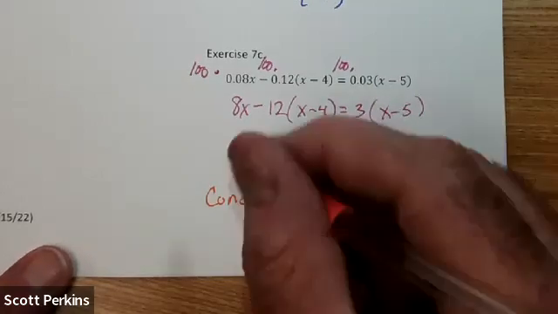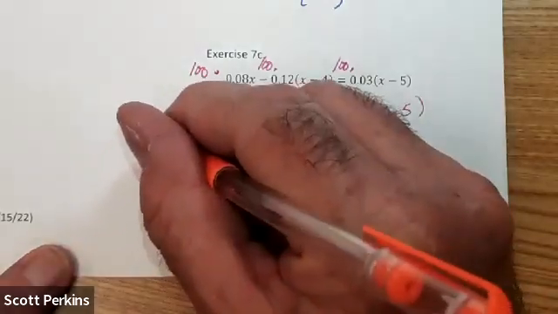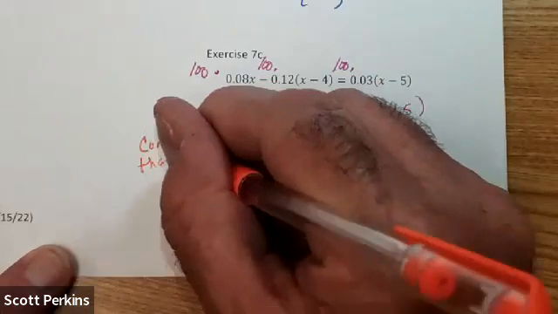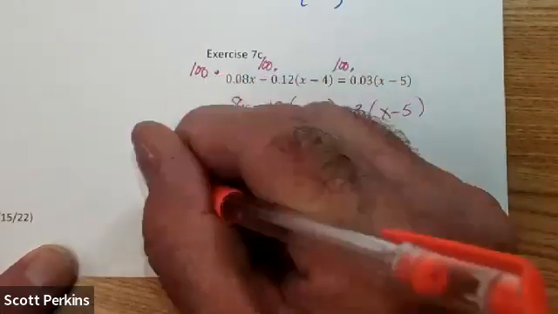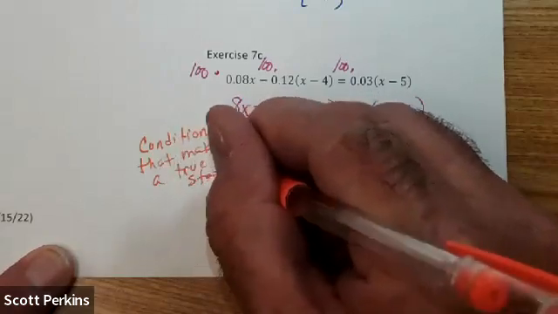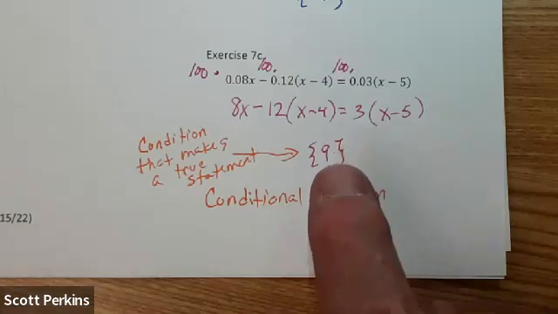The reason is that number, the 9 that I told you is the answer, that number is the condition that makes a true statement. That's why it's called a conditional equation. That equation is not true for every number you plug in. It's only true under the condition that I plug in the value 9.